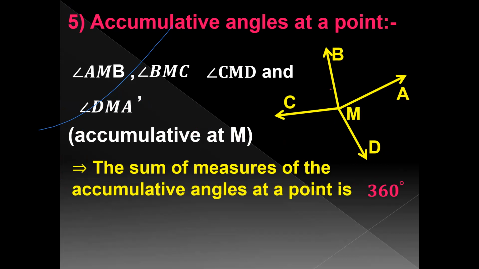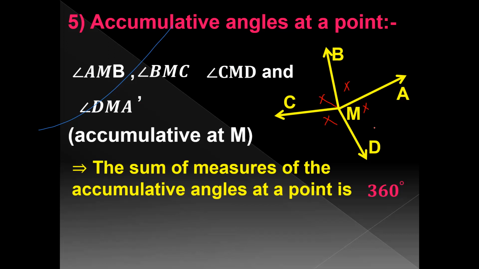All the angles around a point, their sum is 360 degrees. As we see, this angle plus this angle, plus this angle, plus this angle, their sum will be 360 degrees. Thus, they are called accumulative angles.